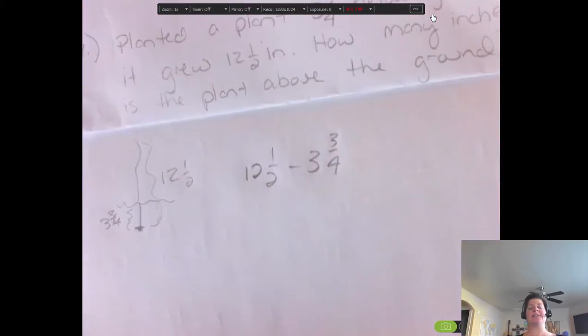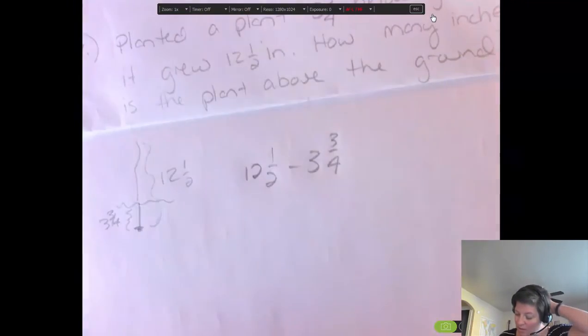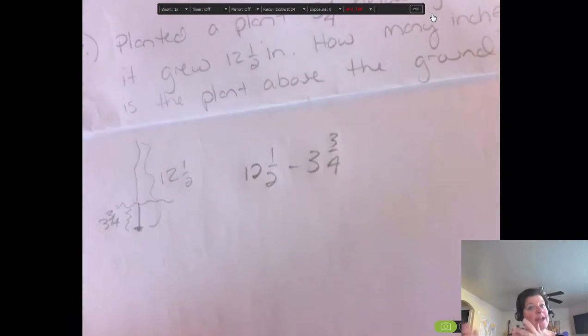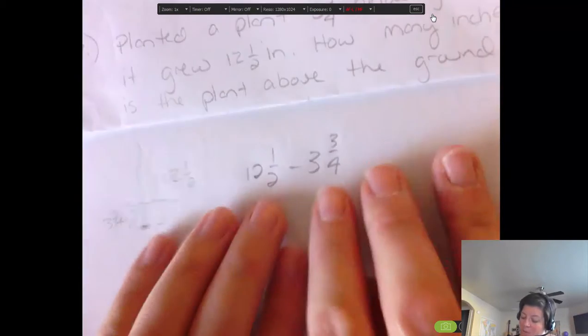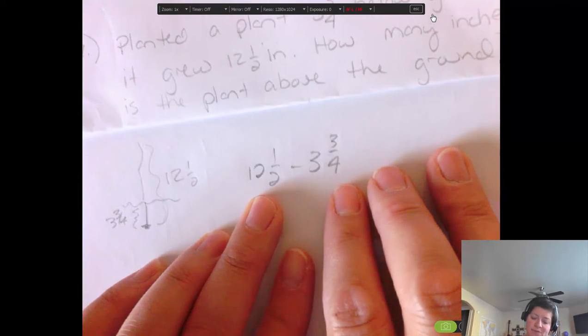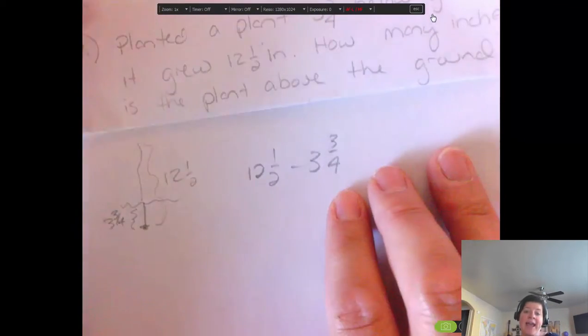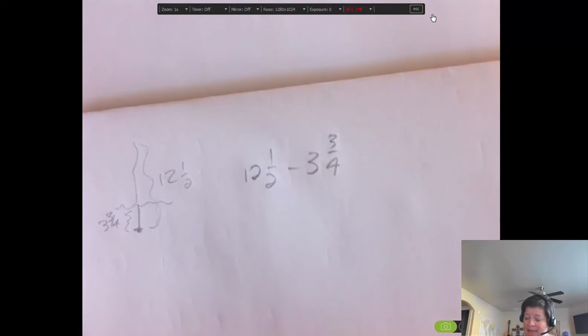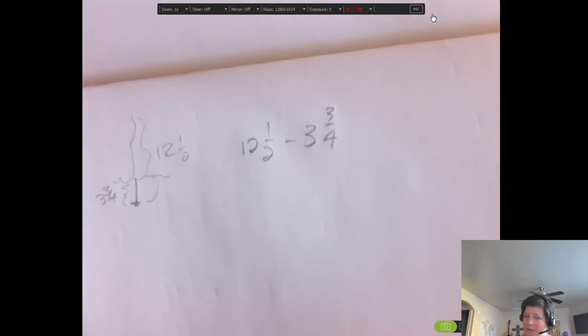I liked this example because it made me do a word problem for you that a lot of you struggle with, and it also brought in the mixed fractions that we have to convert and get a common denominator for. So sometimes if they're easier fractions like 1/2 and 3/4, some of you might be able to think of that in your head and subtract them because the numbers are a little bit pretty.